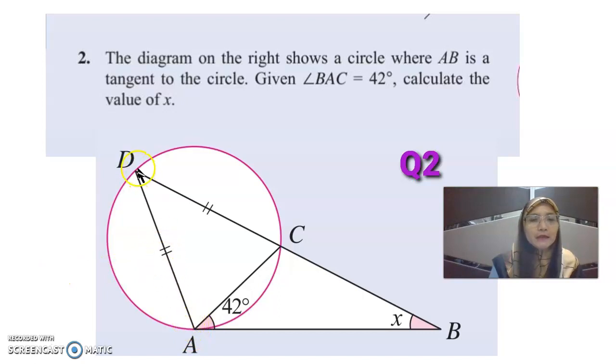Triangle ADB is an isosceles triangle. The question is, what is the exterior angle for the triangle? The exterior angle attached to the tangent and the triangle is 42.